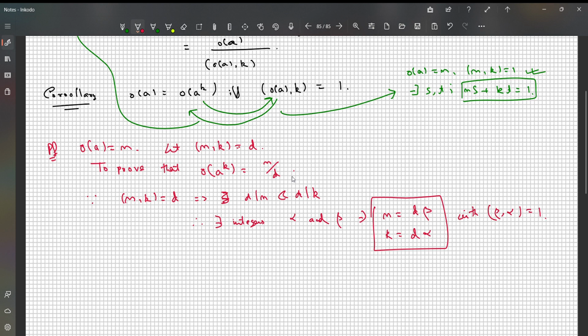Right? They are co-prime. Got it? This result is pretty trivial from the definition of a GCD, right?